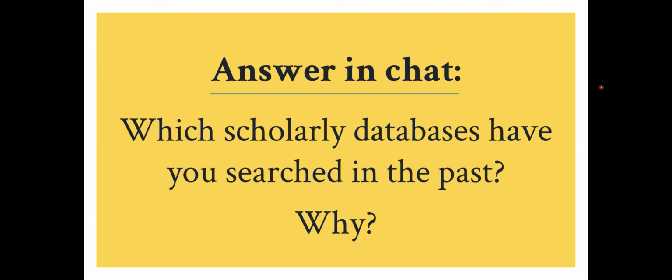Okay, so I'm seeing Google Scholar and PubMed, Web of Science, Google Scholar, PubMed, Scopus, Library. Okay, so it looks like Google Scholar is a pretty common one amongst attendees today. Scopus as well, great.